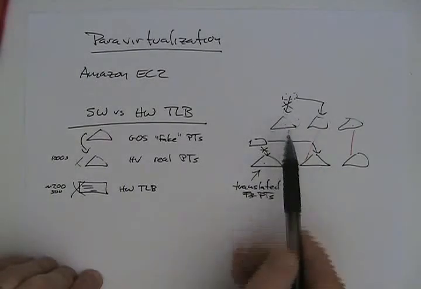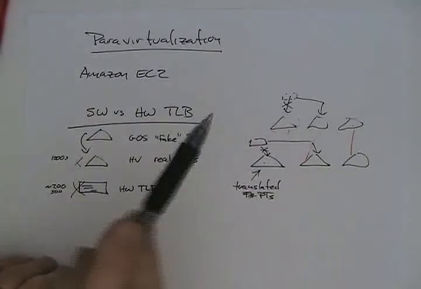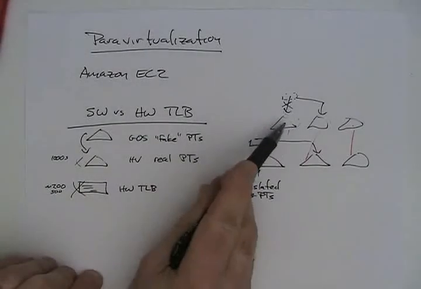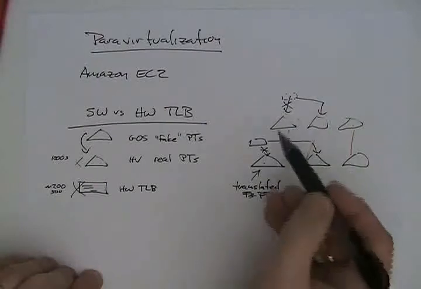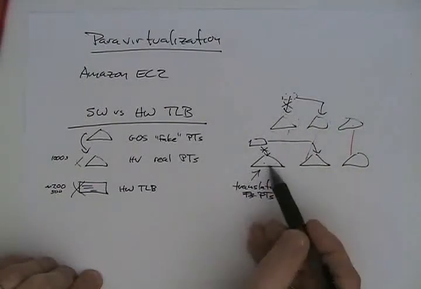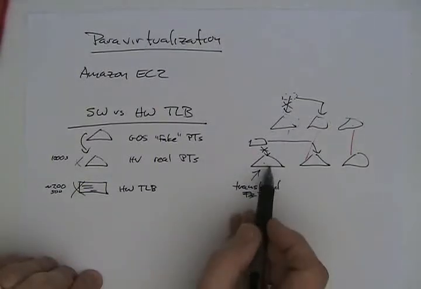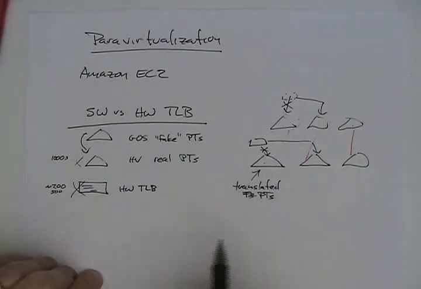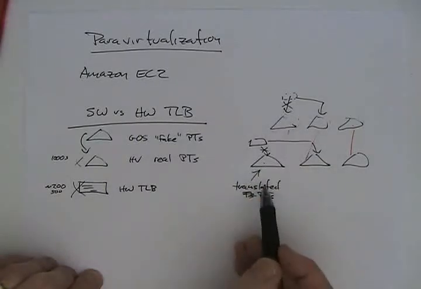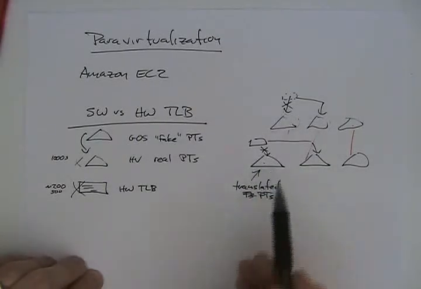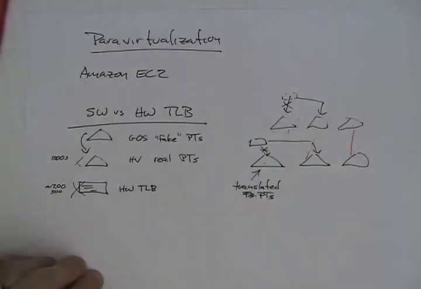Those pages we write protect, and if the guest OS modifies them, we trap that modification and we perform the translated modification on the page table here. Or we invalidate the page table here and fault it back in. Either way works.